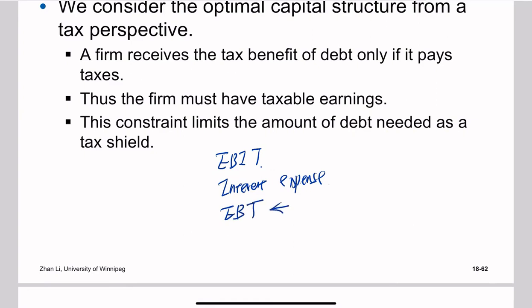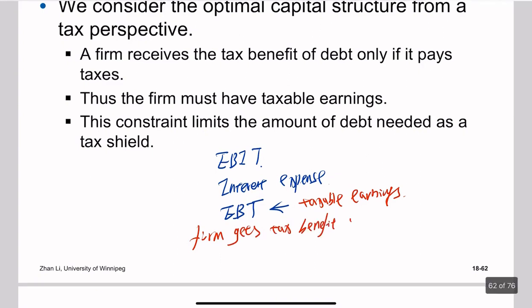This is essentially the firm's taxable earnings. The firm will get the tax benefit if and only if earnings before tax is larger than zero, right? If there's no earnings, the firm does not need to pay tax, so there's no tax benefit.